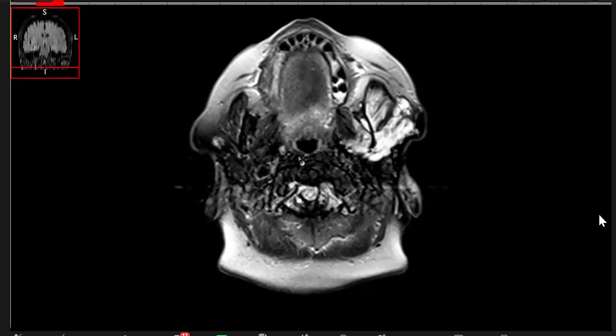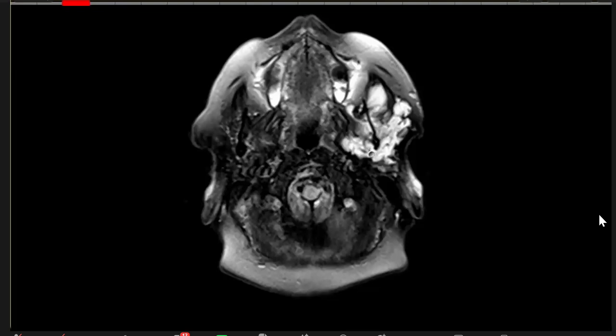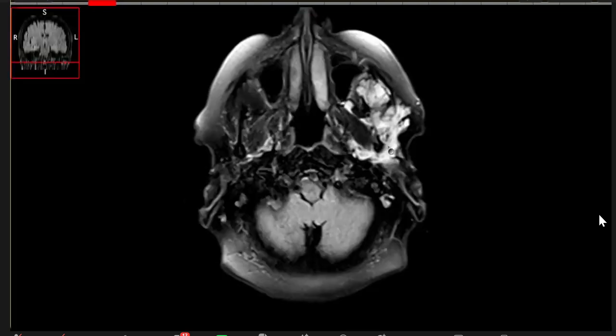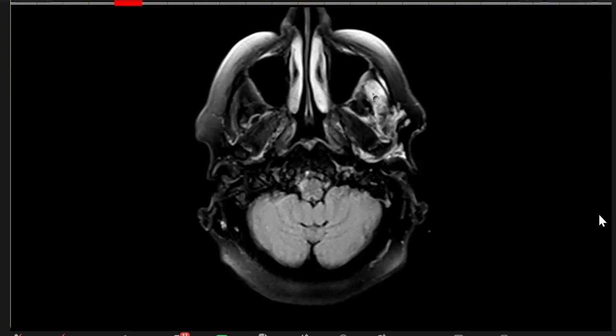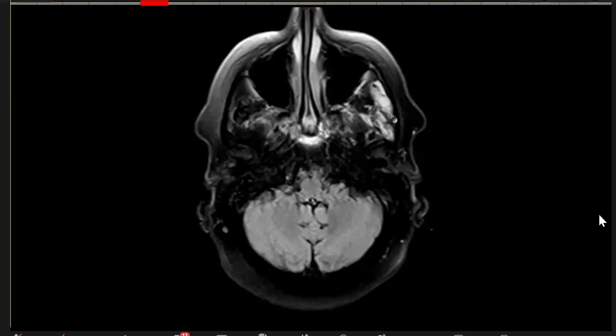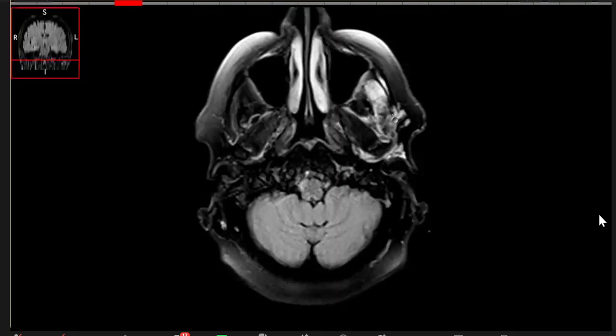The parotid gland, look at this. This is the parotid gland, which is posterior to the mandible. And this high signal goes there also. It goes into the deep lobe as well, and this is the classical infratemporal fossa, what we call the nasopharyngeal masticator space.